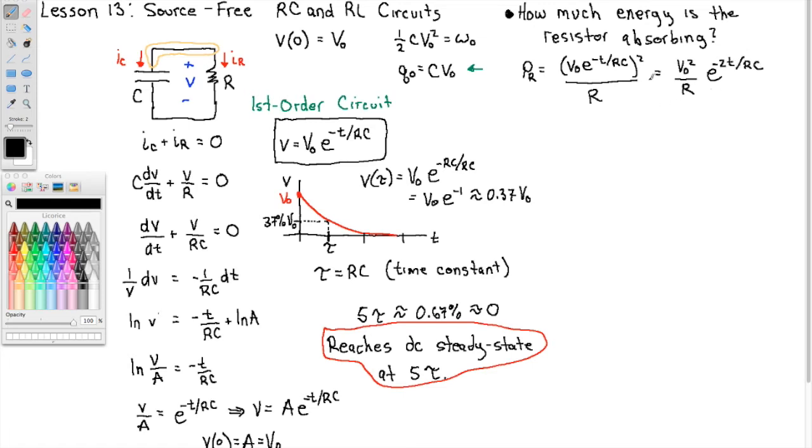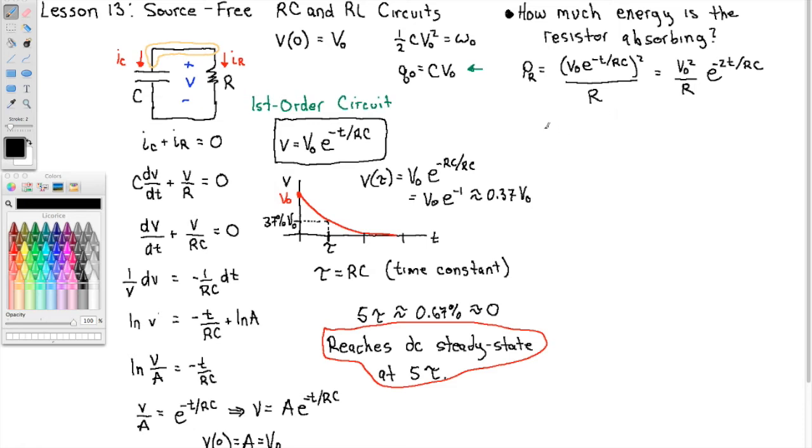So here is a function of time, of course. You tell me how much time has elapsed since the beginning of this experiment, and I will tell you how much power that resistor is currently absorbing.